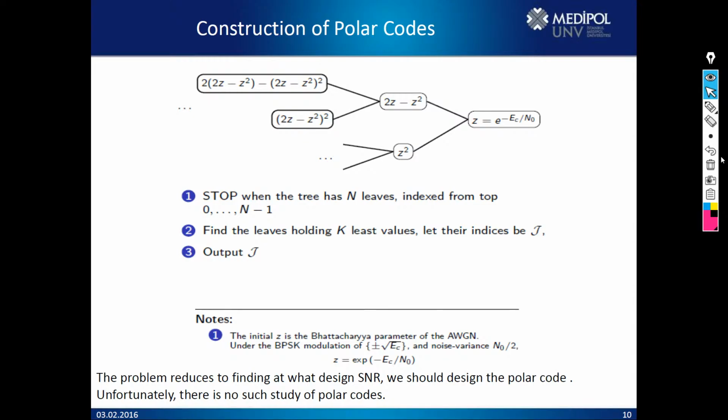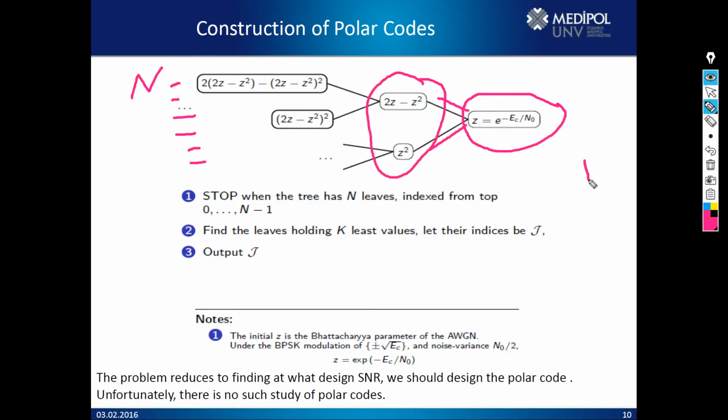Let's say your encoder encodes your data over five sub-channels. You select the best 5 sub-channels, the highest 5 values, and you say these are the ones I'm going to use for transmitting my data, and the remaining ones you output as J. In this step, you find the leaves holding the K least values.